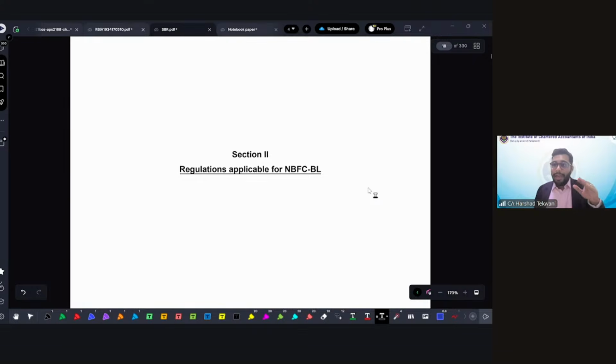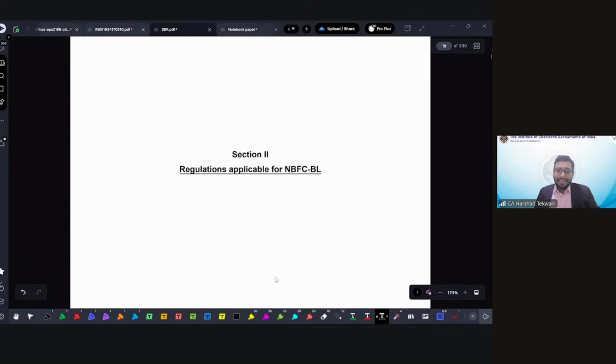So you don't have one straight set of regulations for all the NBFCs. The regulations applicable to the NBFC will depend upon the scale. Lower the NBFC, lower the regulations; higher the NBFC, higher the regulations. That's why they are known as scale-based regulations.